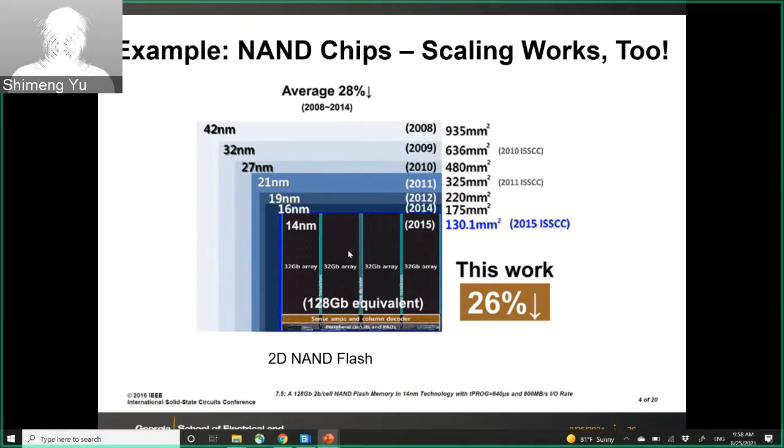In the NAND array, you see that there are 4 planes. Each plane is 32 gigabits. And then you have the row decoder, the column sense amplifier, and the control circuits. But most of the area is occupied by the NAND cells.